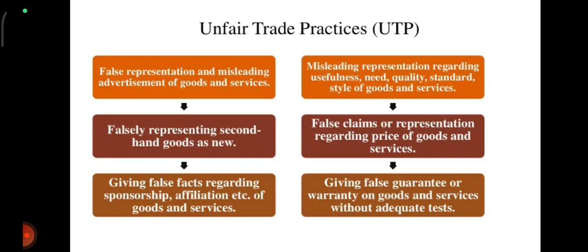It also deals with falsely representing second-hand goods as new, giving false facts regarding sponsorship, affiliation, etc. It also misleads through representation regarding usefulness, need, quality, standard, style of goods and services. It also covers false claims regarding price of goods and services, and giving a false guarantee or warranty on goods and services without adequate tests.